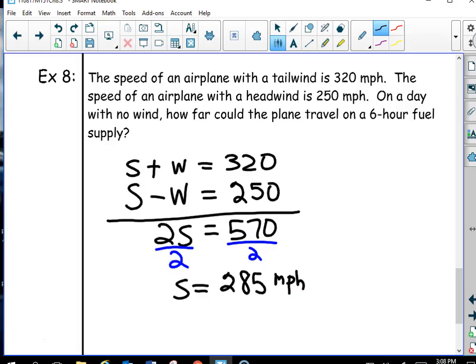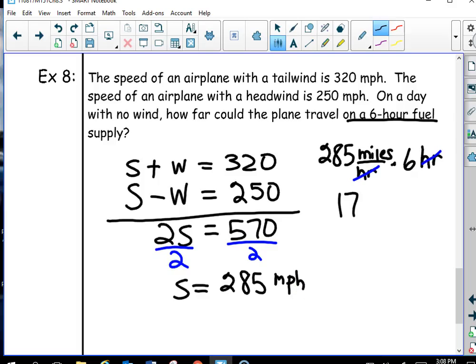And they ask how long will it travel in a 6-hour fuel supply. So 285 miles per hour times 6 hours. Just doing a little dimensional analysis here, I get miles. Do my multiplication, 1,710 miles.